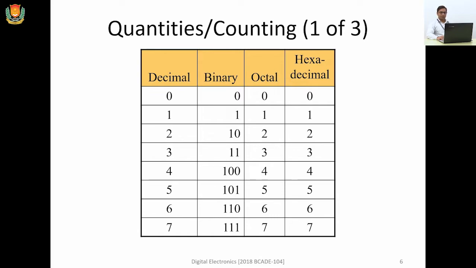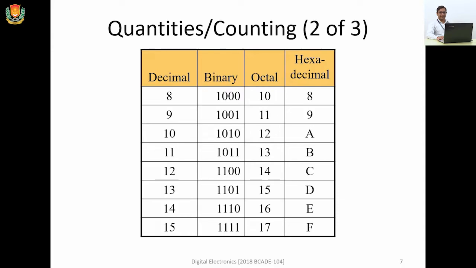After 9, we consider 10 as A. In this table, you can see that decimal 10 is 1010 in binary, 12 in octal, and in hexadecimal it is represented by A. That's why it is also called an alphanumeric number system.